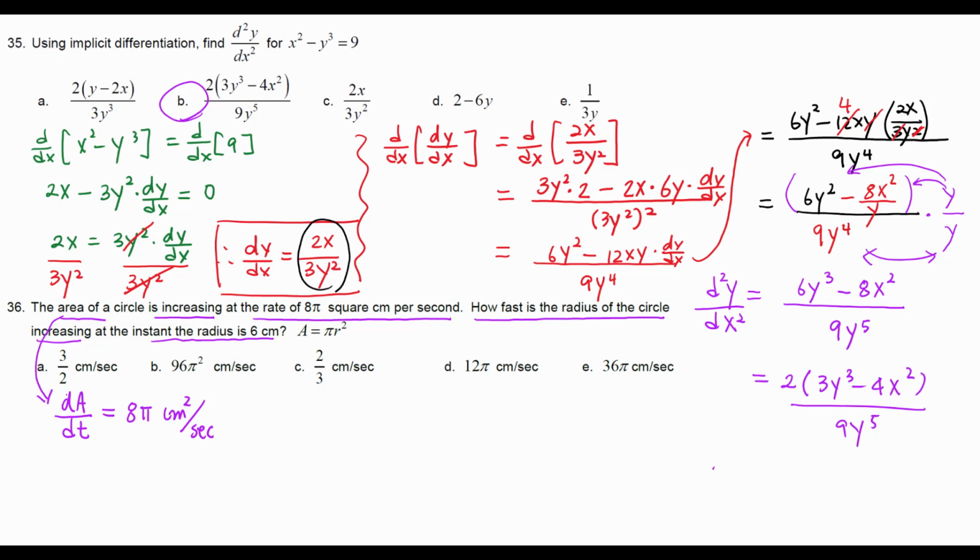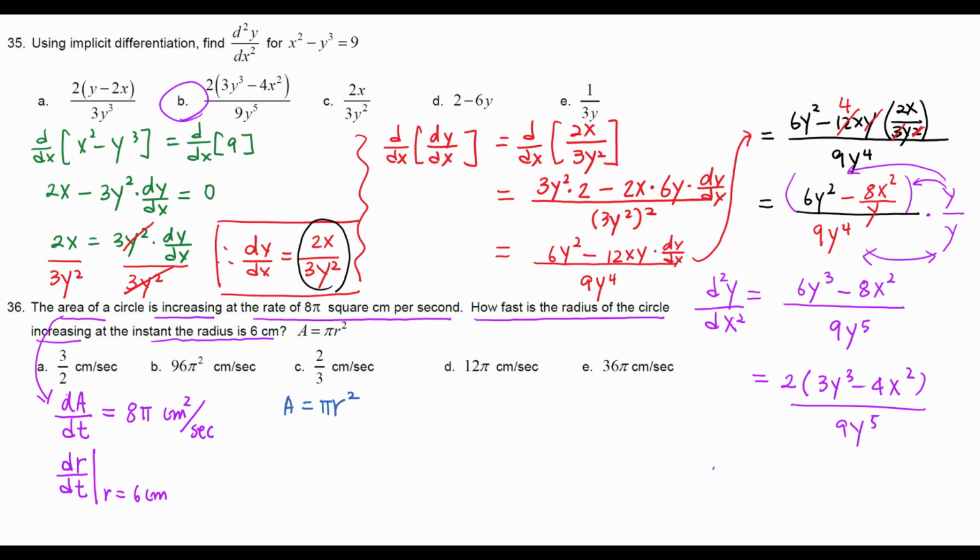So they want you to find the rate of change of radius with respect to t, which is dr/dt, at the instant when r is equal to 6 centimeter. So to do that, I need to find a formula that relates the area of a circle and the radius. And of course, you do know that. That's a very famous formula, which is area of a circle equals pi r squared.